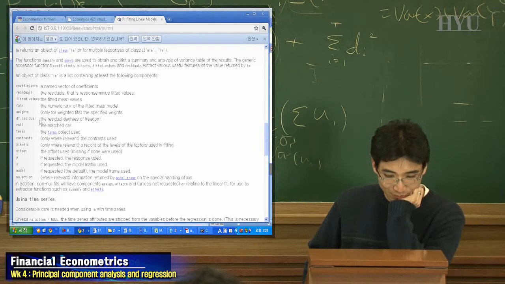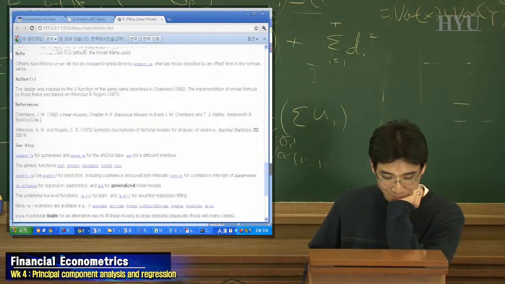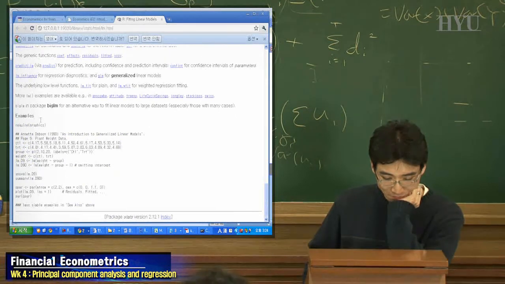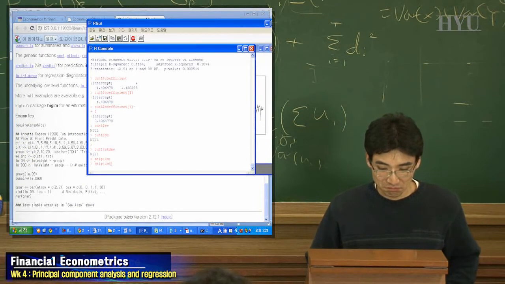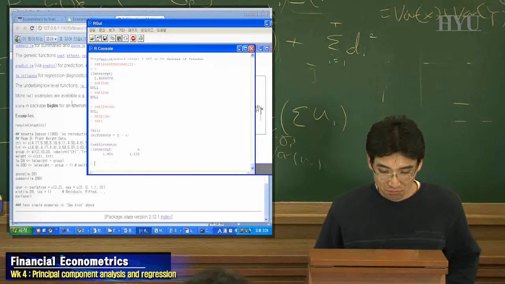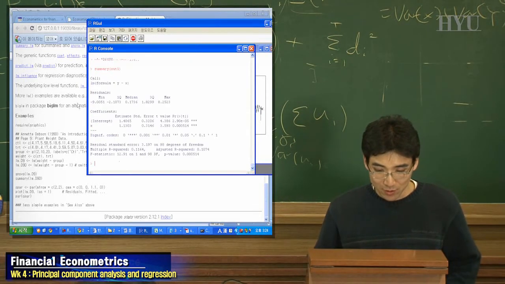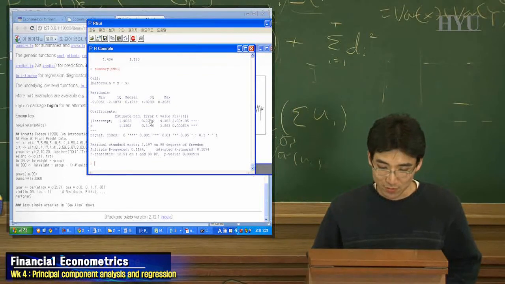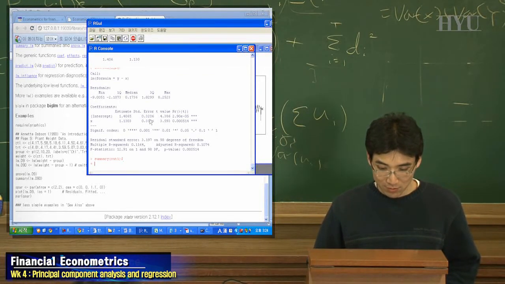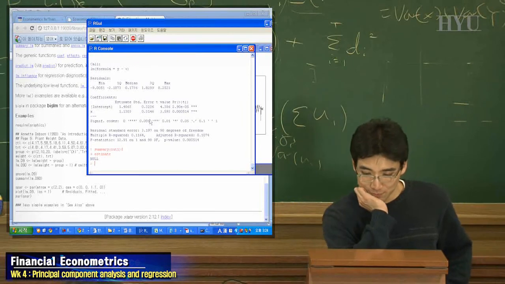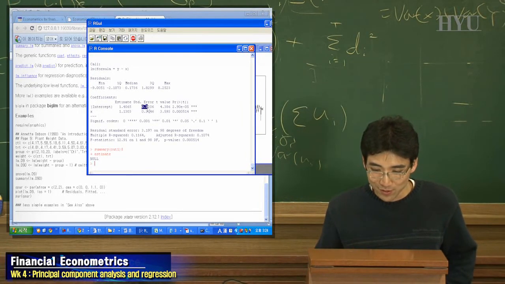It doesn't seem to generate it. Coefficient, why? Normally the output is coefficient, standard error. Anyway, okay, then copy and paste this standard error.